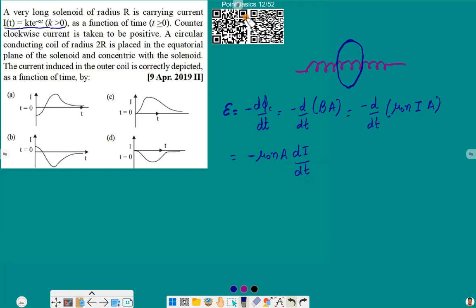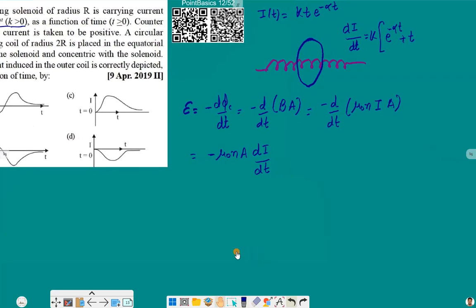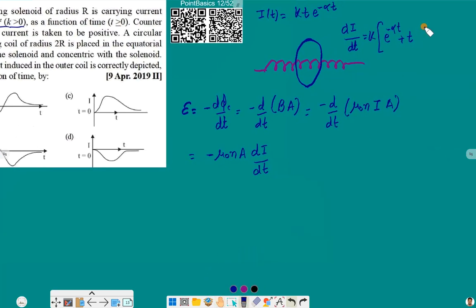And we have an expression for I mentioned here. So I of t is given by k t e raised to power minus alpha t, and if we find its derivative, dI by dt is equal to k, which will be constant here, times e raised to power minus alpha t plus t into e raised to power minus alpha t, and the derivative of minus alpha t will be minus alpha.